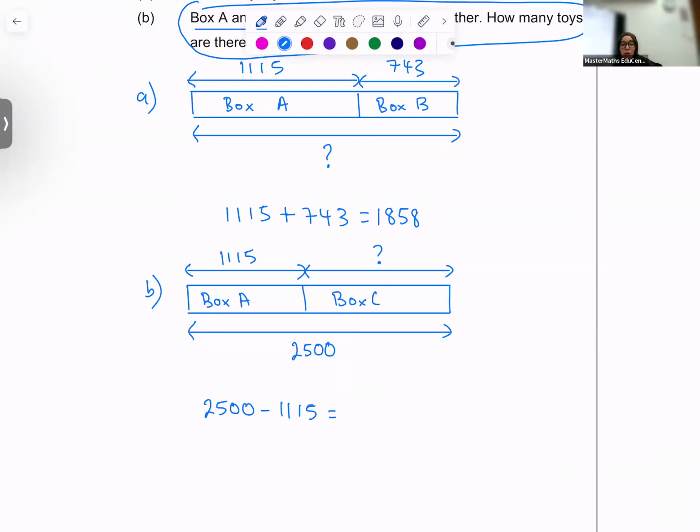Okay, we don't want box A, we only want box C. Okay, everyone try and work out this part, please. Okay, very good. Sirin, you're done as well? Excellent. Okay, everyone else, work this out first. Give me a thumbs up when you are done. Okay, thank you.